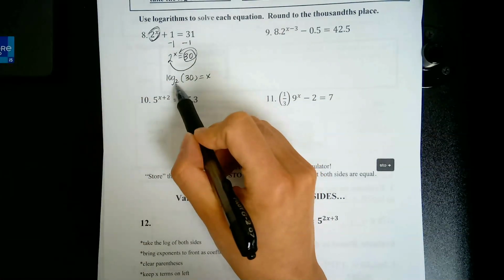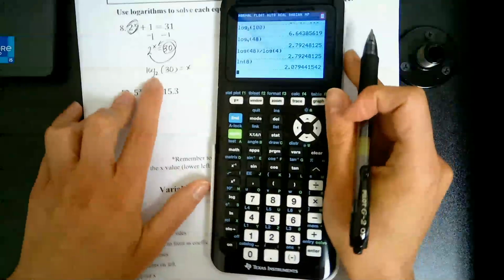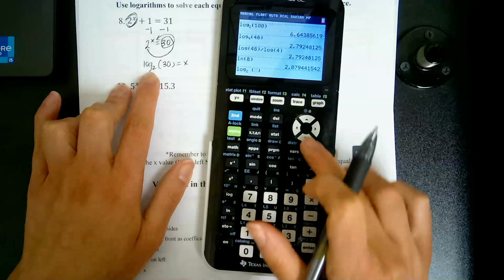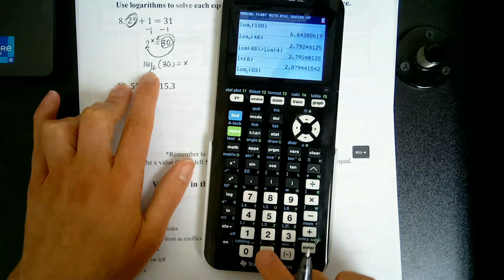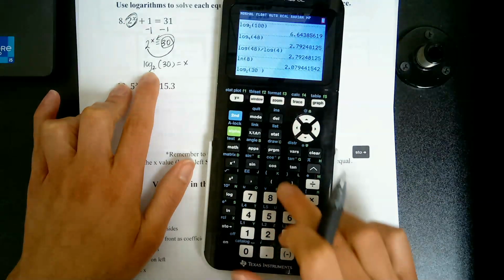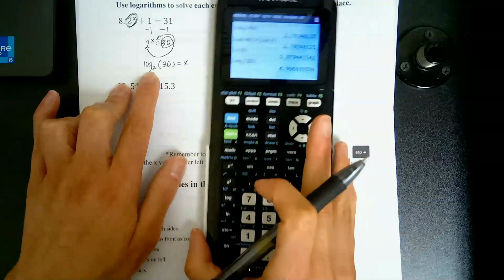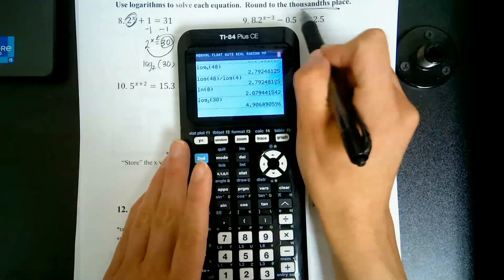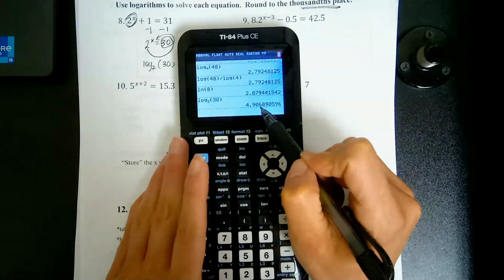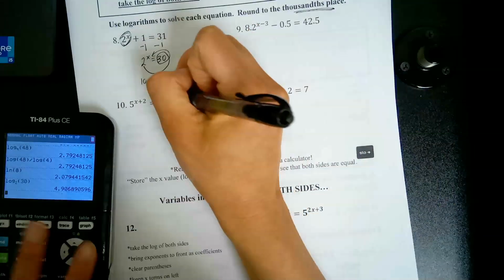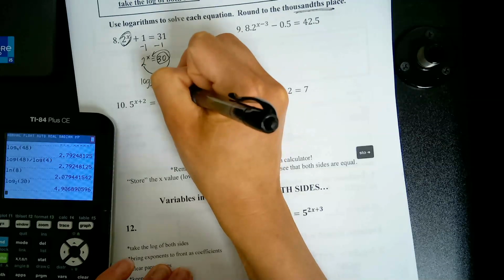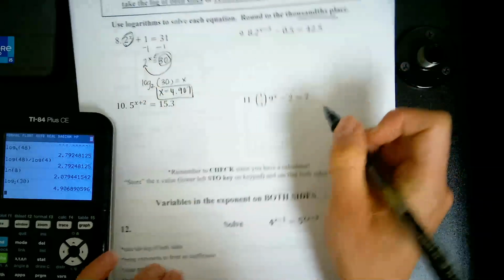And so in our calculator, we need to type log base 2, so math alpha math of 30, and we get 4.90, and it says round to the nearest thousand, so that's 3 decimals, so 907. So x equals 4.907 would be our final answer.